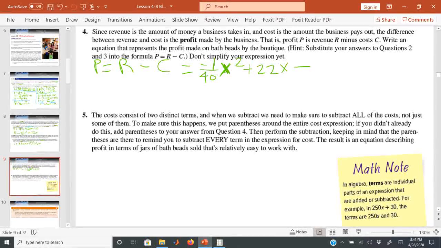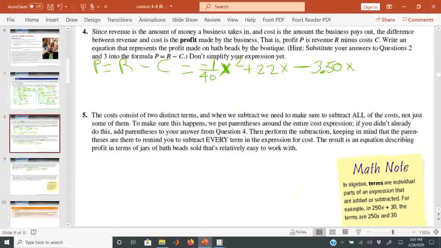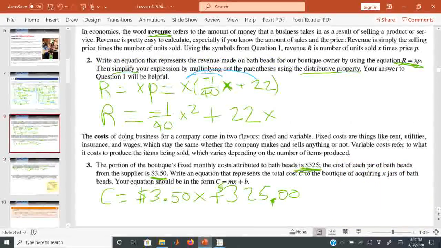Now I'm going to subtract my cost. And a lot of people will do minus 3.50x plus 325.